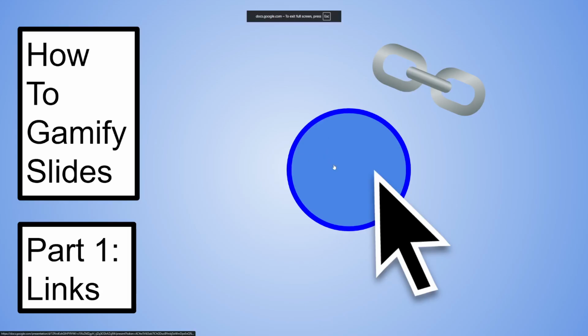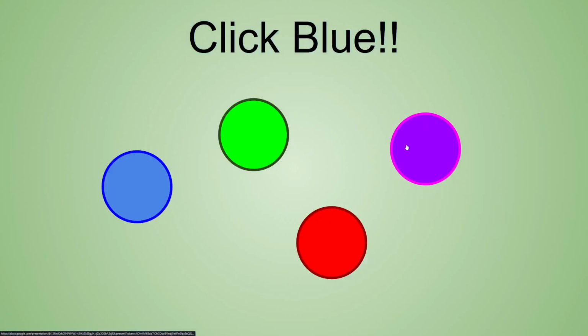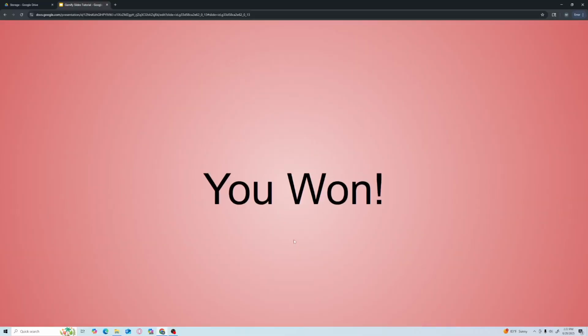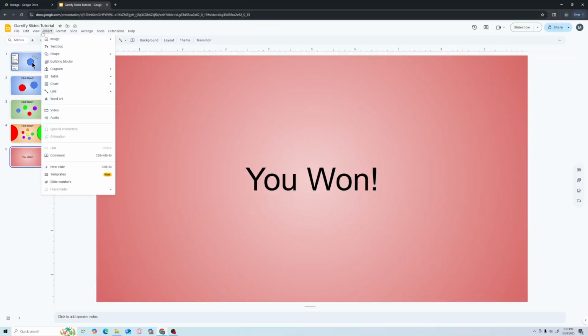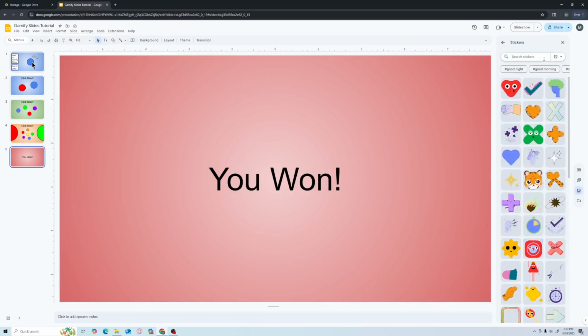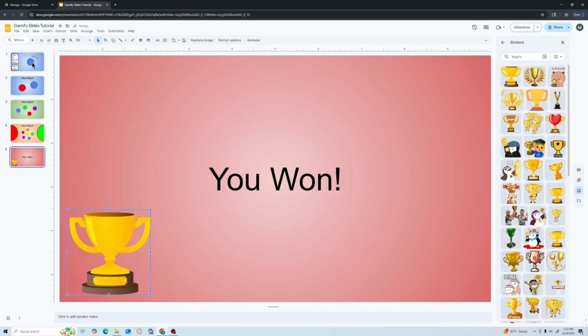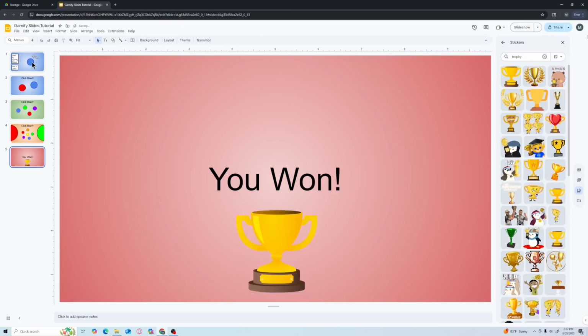So we click this circle. Click blue, blue, and blue. Hey, we won! Nice. Let's get a little trophy. Alright, let's play one more time.